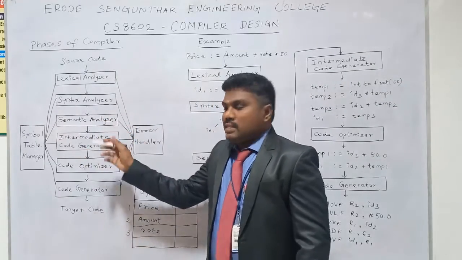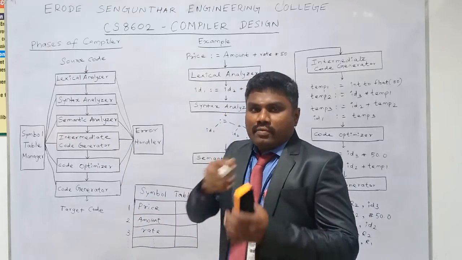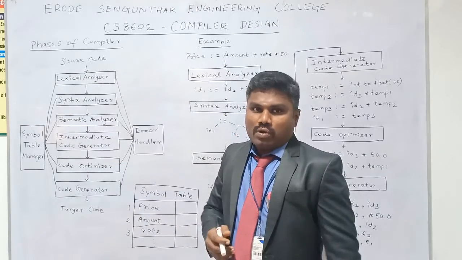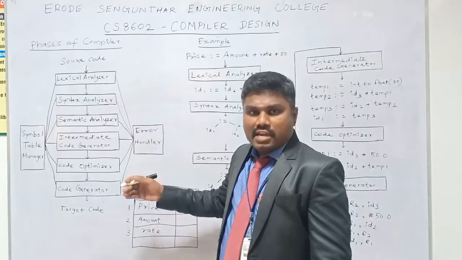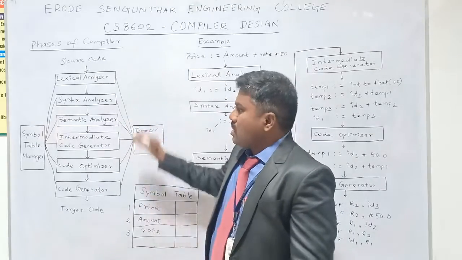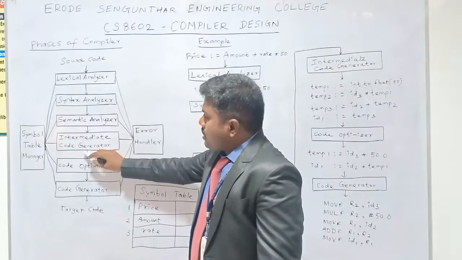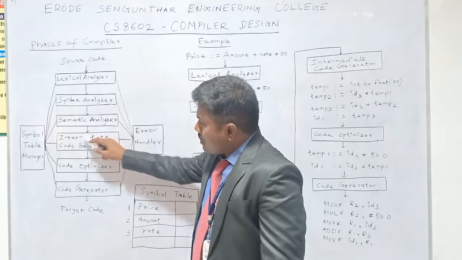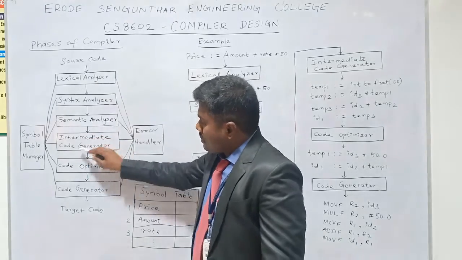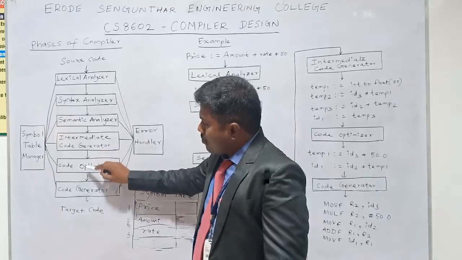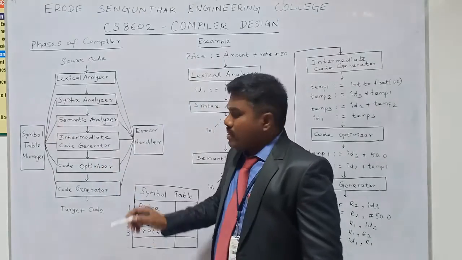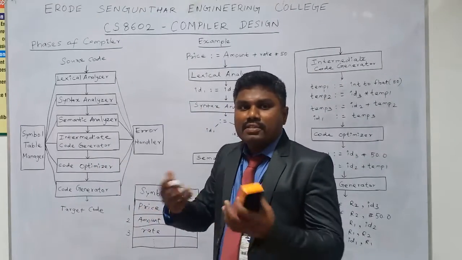Intermediate code generator generates the intermediate code in the form of 3 address code. This 3 address code is the output of intermediate code generator. This intermediate code we are going to give as an input to code optimizer. Code optimizer's role is to optimize the code.